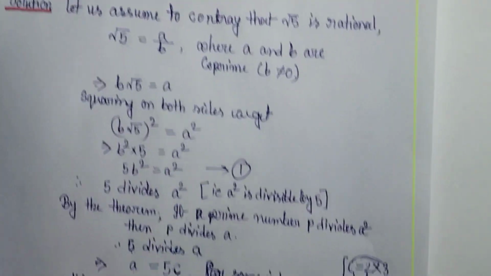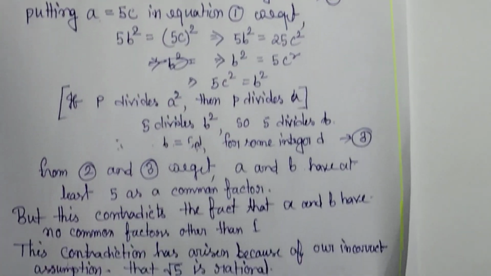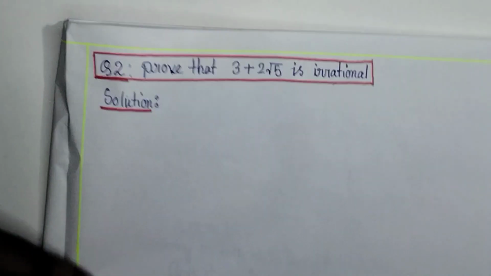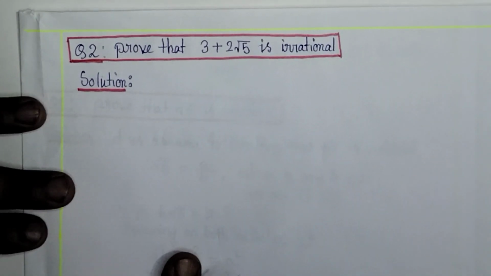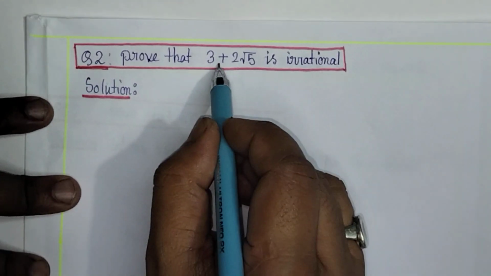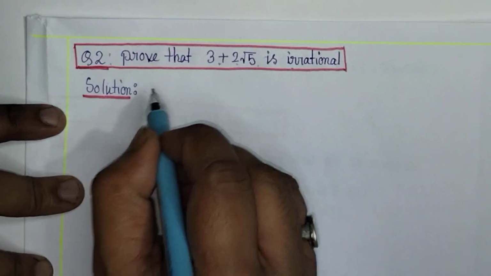Next question number 2. Prove that 3 plus 2 root 5 is irrational.